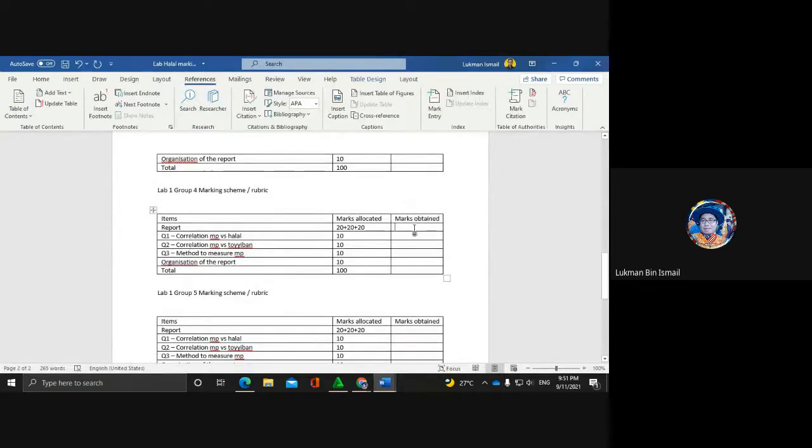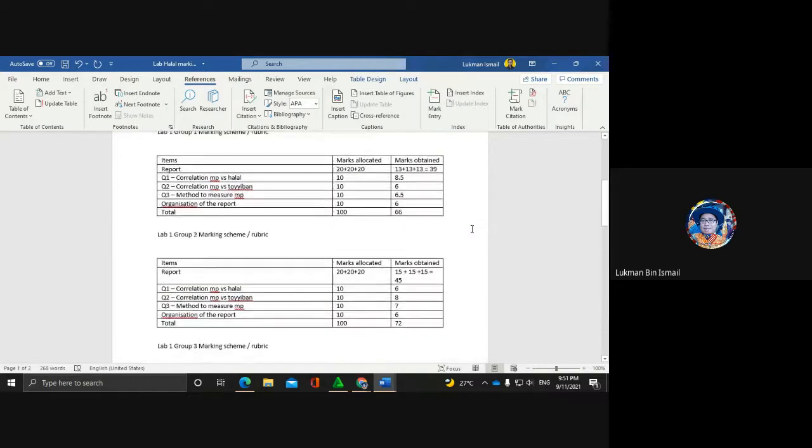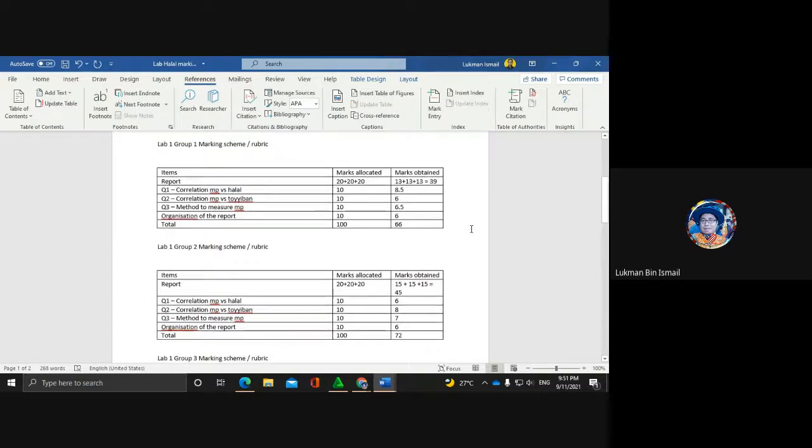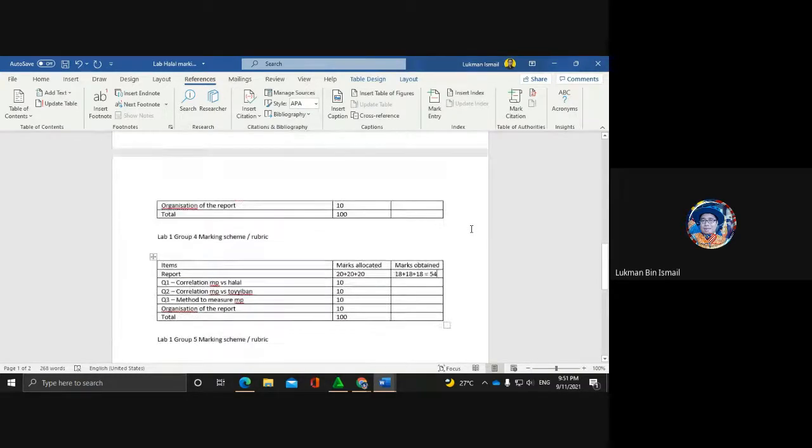Well, of course, provide 18 plus 18. Yeah, so you have 54 out of 60. Yeah, of course lah, mesti kena lebih besar lah pada orang lain, because you did better.